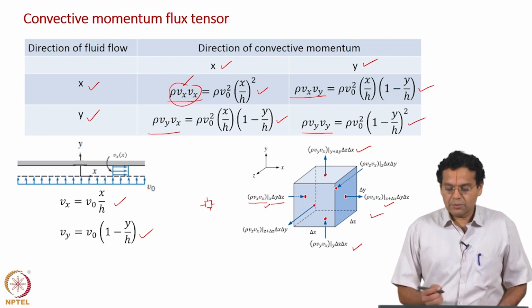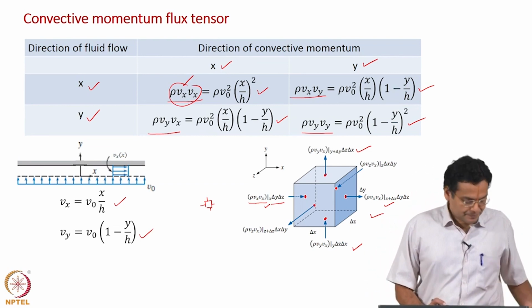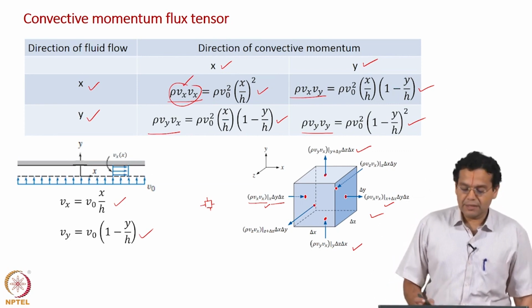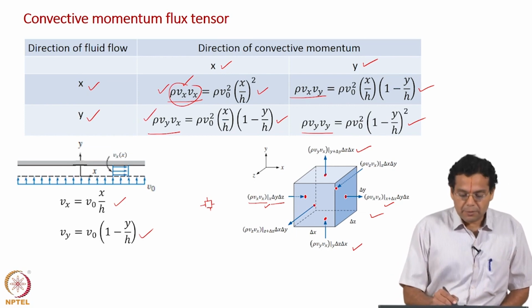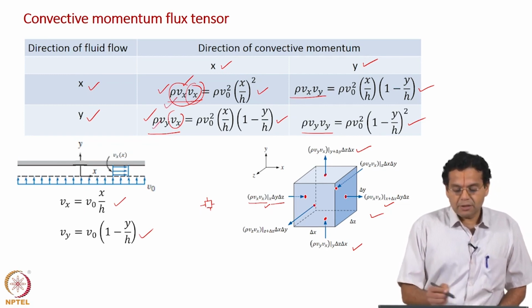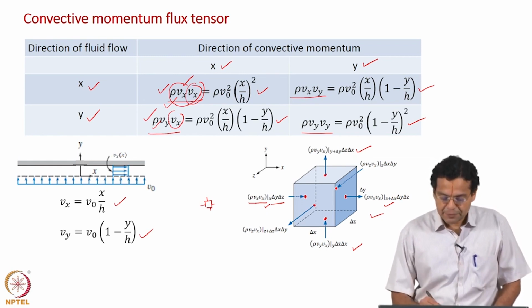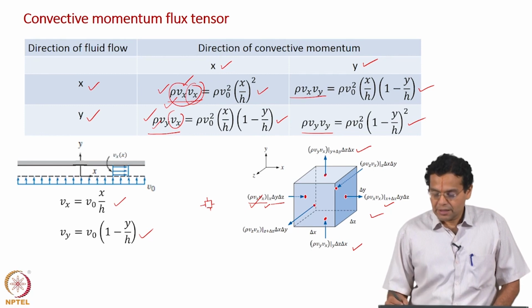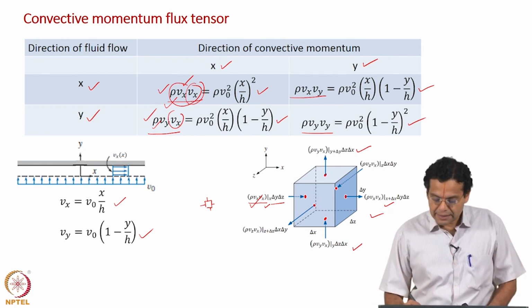Now, for the x component of the linear momentum balance we have these two terms. Remember the second component is Vx, and the flow is both in the x direction and y direction; the second component is along the x direction. So what are the corresponding terms here? Of course we do not discuss outflow and inflow, only a particular point, and then these two.